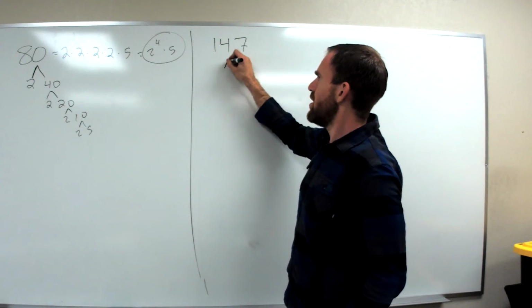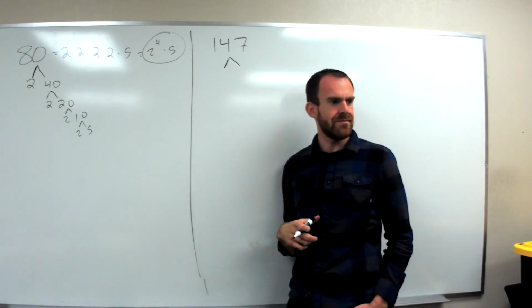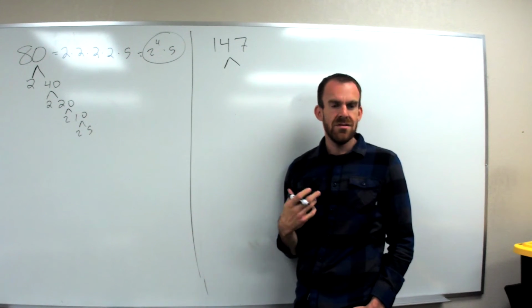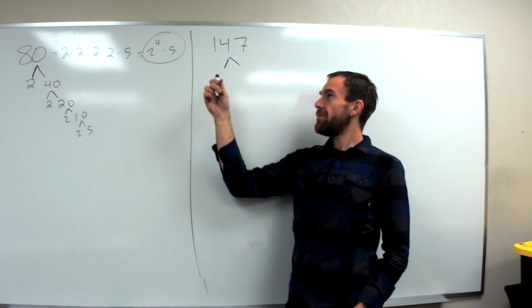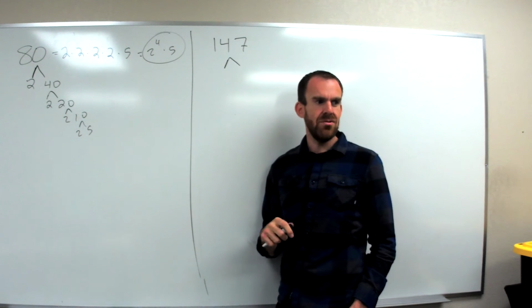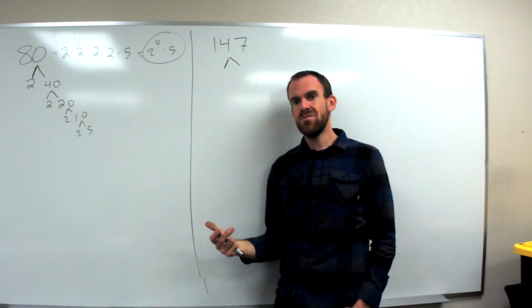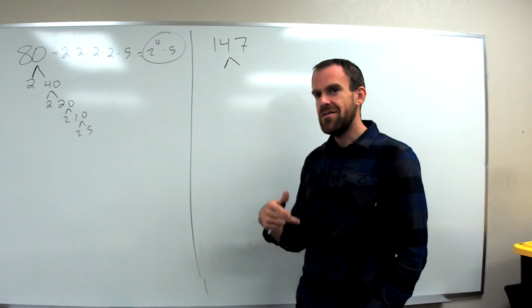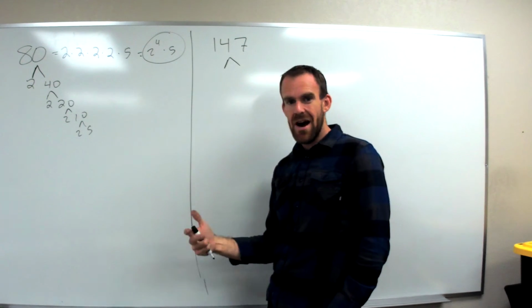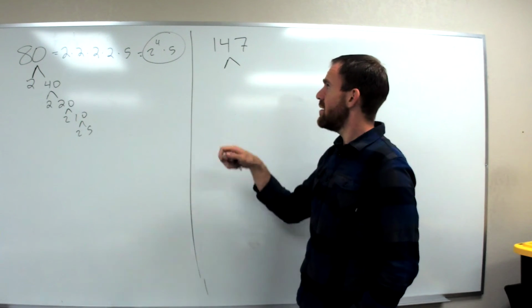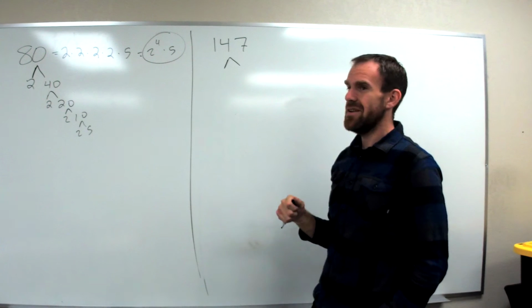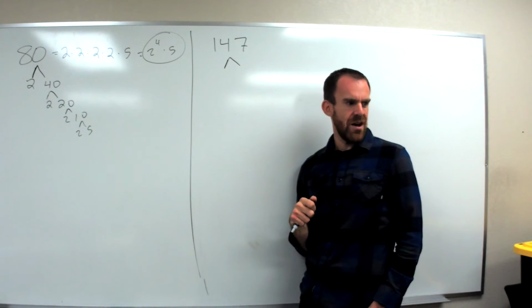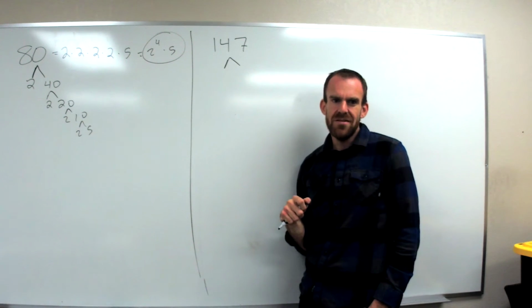147. What goes into 147? So the trick is if all of the numbers add up to a multiple of 3, then it's divisible by 3. If all the numbers add up to a multiple of 9, then it's divisible by 9. So 1 plus 4 plus 7, is that number divisible by 3? Yeah, 12 is divisible by 3.